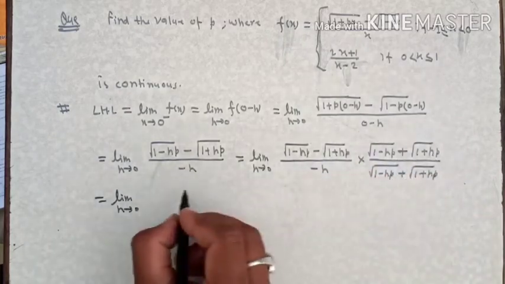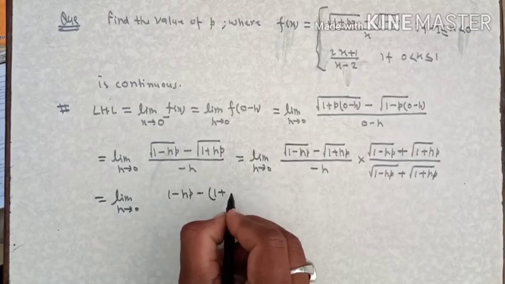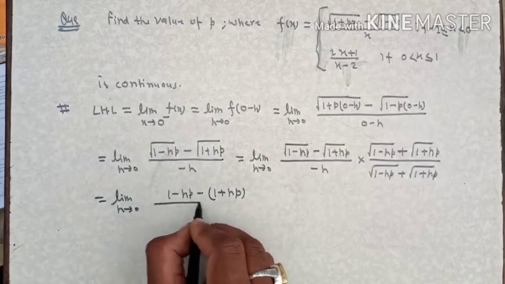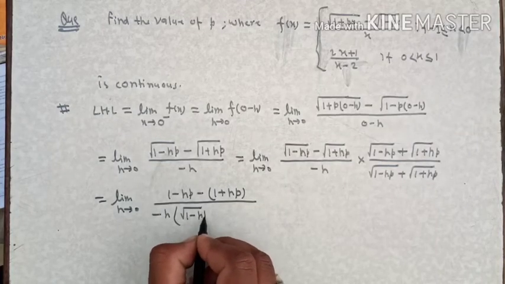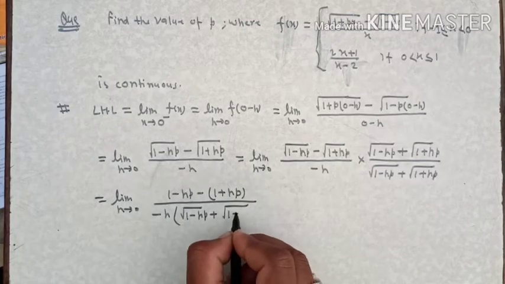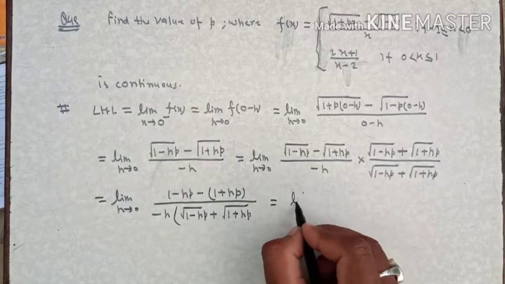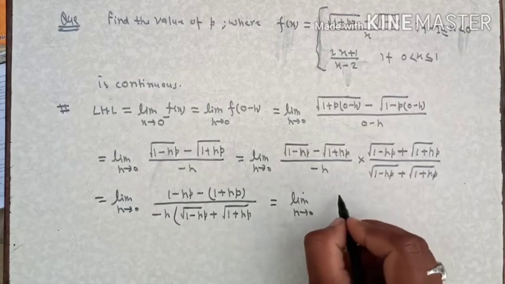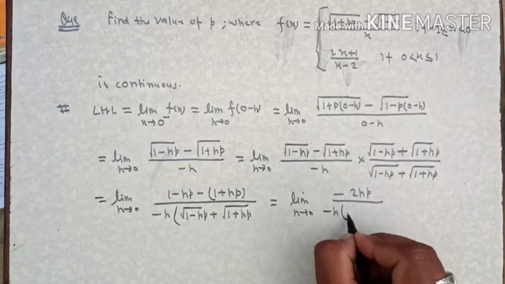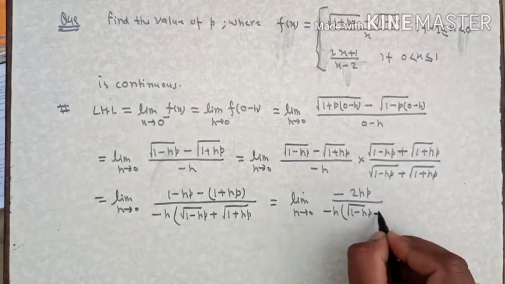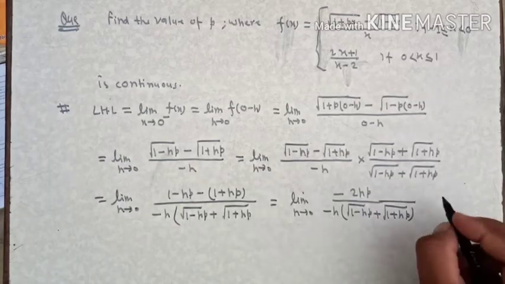Here a minus b, a plus b means (1 minus hp minus 1 plus hp) divided by minus h in brackets (root of 1 minus hp plus root of 1 plus hp). So 1 cancels, limit as h tends to 0 of minus 2hp divided by minus h (root of 1 minus hp plus root of 1 plus hp). So minus h cancels.